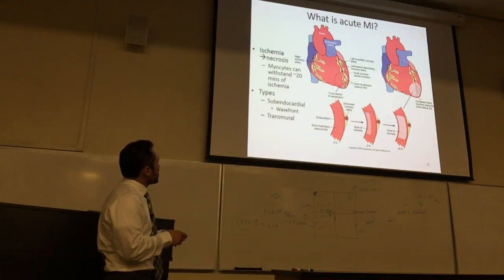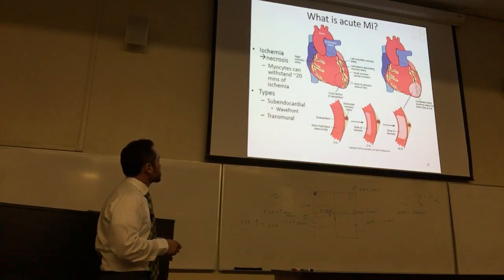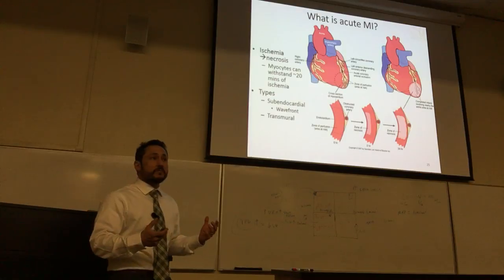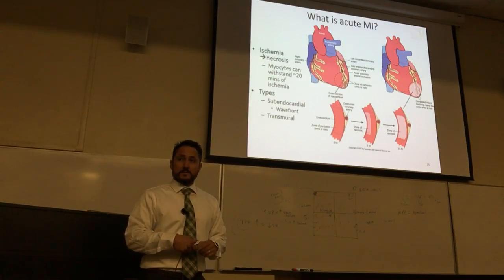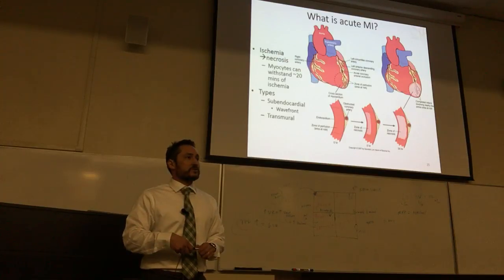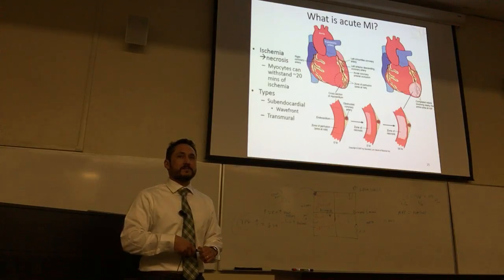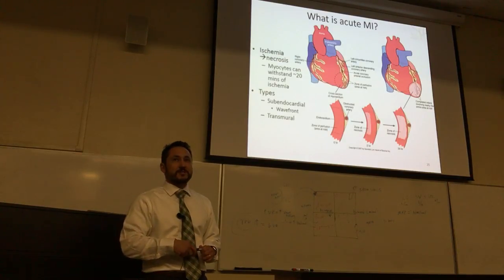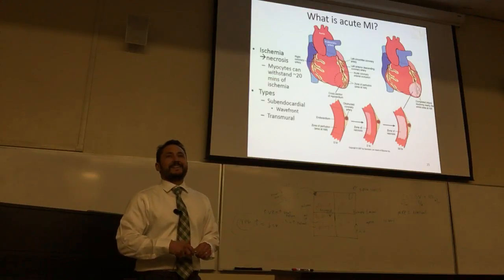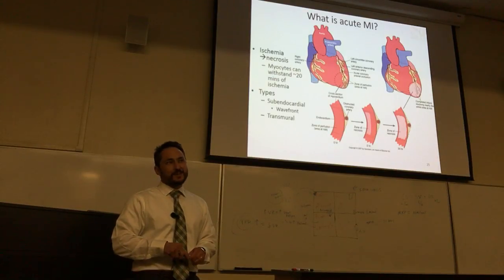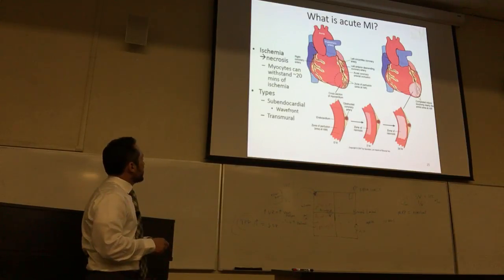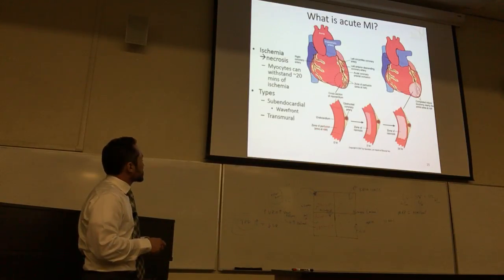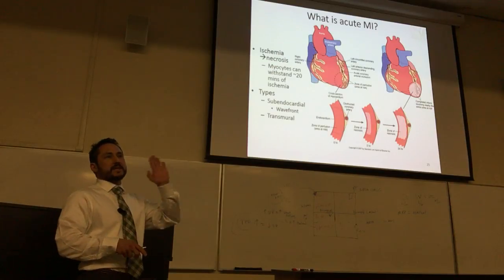And so you can see over here this area that's kind of a lighter shaded pink. This is the area that's going to go necrotic. This is going to be a necrosis, what type of necrosis? Coagulative necrosis. Very good. Okay? So it really begins subendocardial, on the inside.